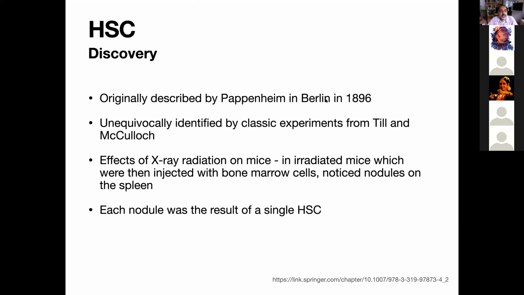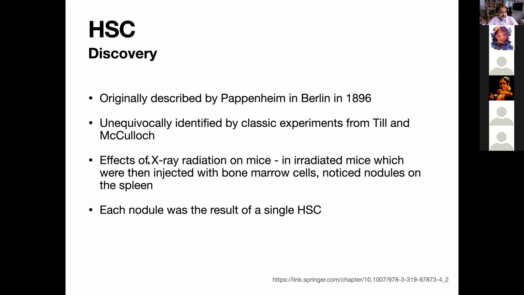He was looking at bone marrow and noticed these cells which are able to give rise to lymphoid progenitors. He hadn't quite worked out that they were also giving rise to myeloid progenitors. But the hematopoietic stem cell was unequivocally identified by the classic experiments of Till and McCulloch in Canada.